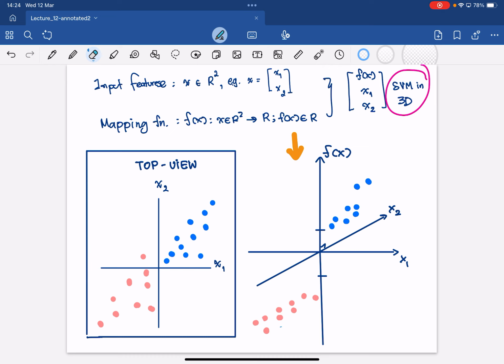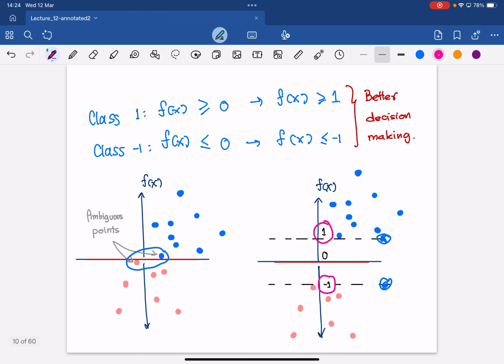So how should we design the mapping function such that we can have a good boundary? This means that we need 3 boundaries, kind of like 3 thresholds: the one in the middle, this one, and the one up here. And also the mapping function.